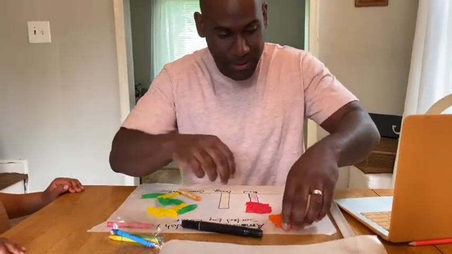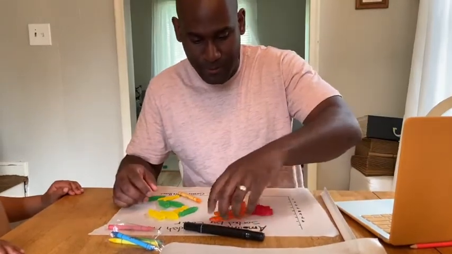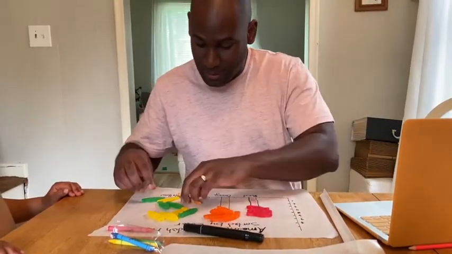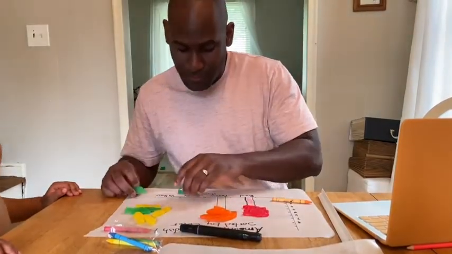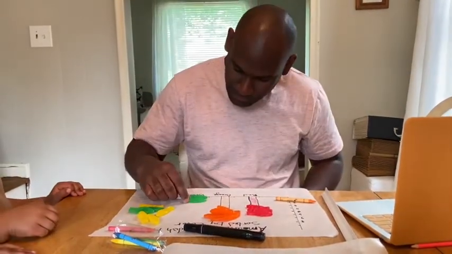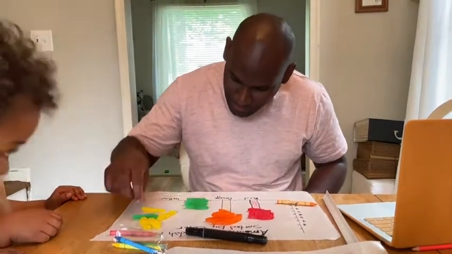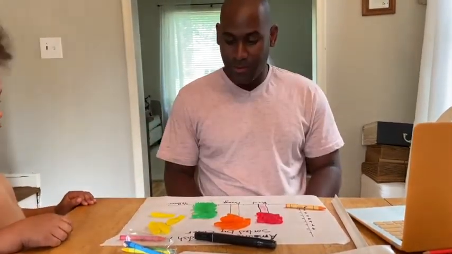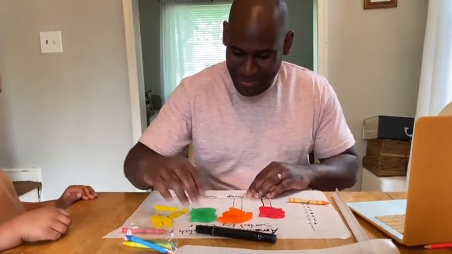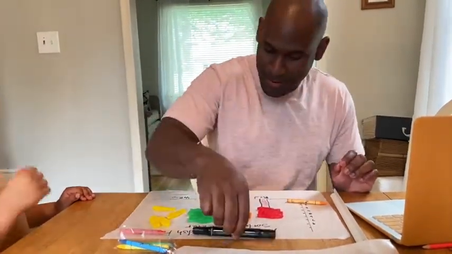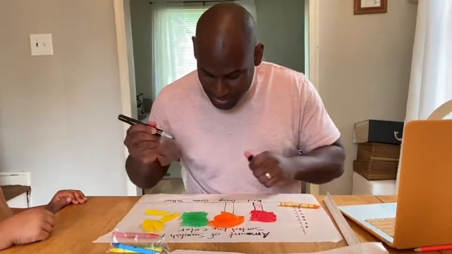Let's go with the next one here, and I'm gonna put all these fishies right here. Let's go with green. And can you help me count? Yes. 1, 2, 3, 4. Only 4. So there were only 4 green fish.